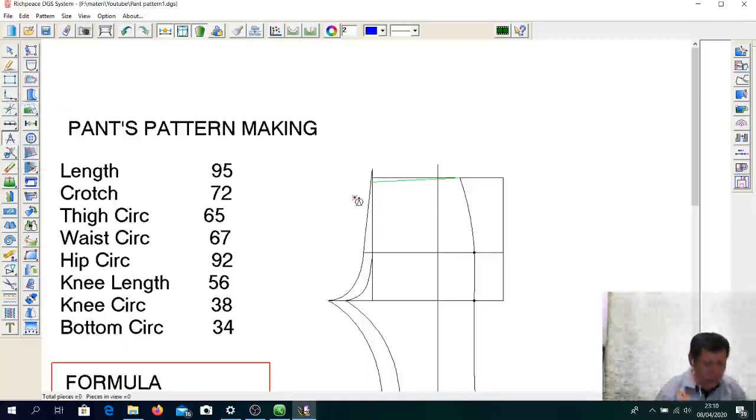Okay, we count back for the waist measurement. The waist measurement is 67 divided by 4, 16.75. If the back of the pants has 2 darts with 2 cm each, it means add 4 cm, so 20.75.